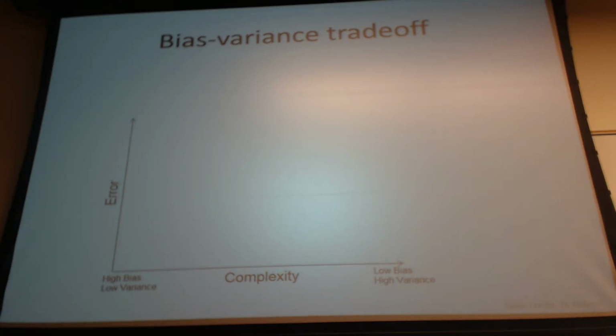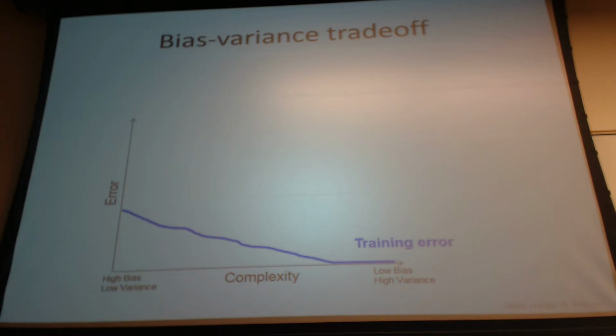Now if you look into bias-variance trade-offs to better understand, here we have complexity of the machine versus error, the generalization error. As the complexity increases, it becomes low bias and high variance. And as the complexity decreases, it becomes high bias and low variance. If you consider training error, then training error actually decreases. If you have more and more complex machines, you can get more and more accurate with training data.